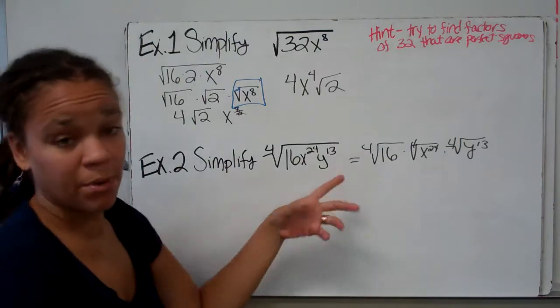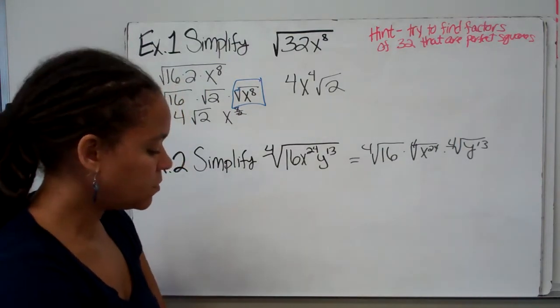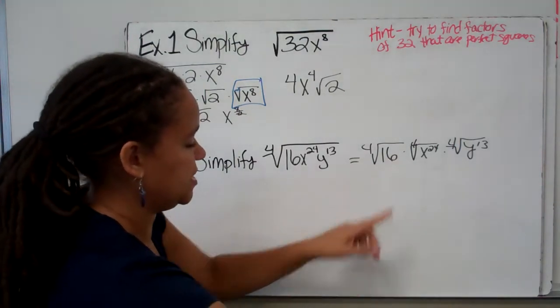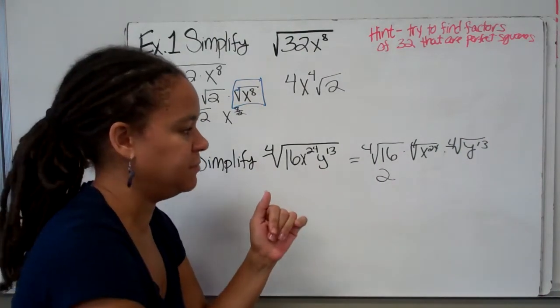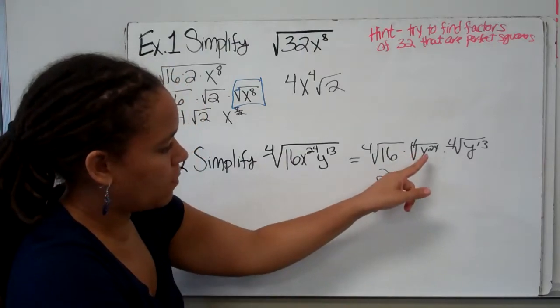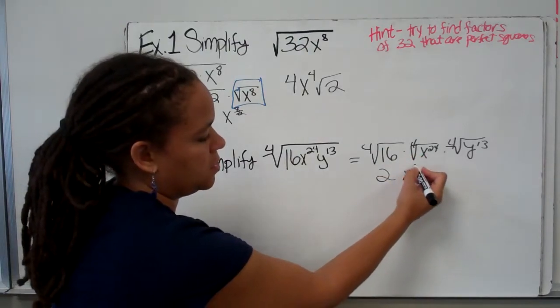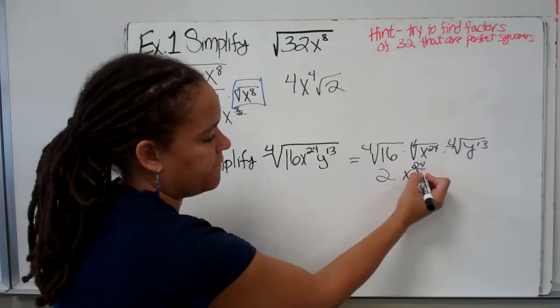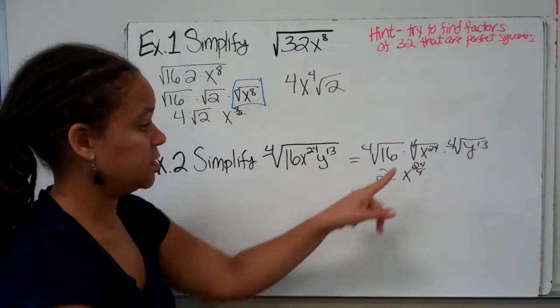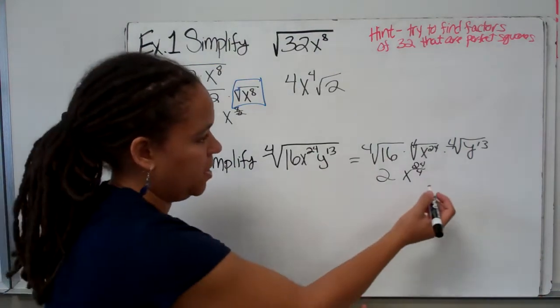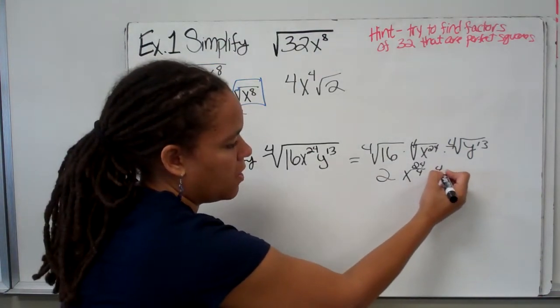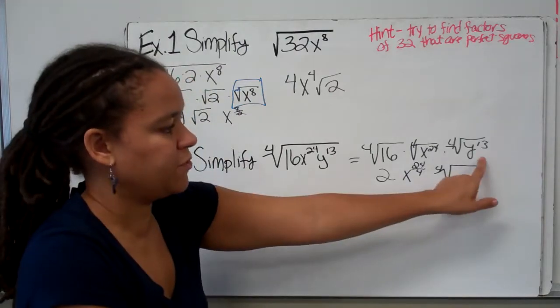So we're going to try to break these down and see what we can do. Well, the 4th root of 16 is actually just 2, because 2 times 2 times 2 times 2 would be 16. And then remember, we're going to turn this to x to the 24 over 4, because that's a 4th root. And then let's look here at the 4th root of y to the 13th.